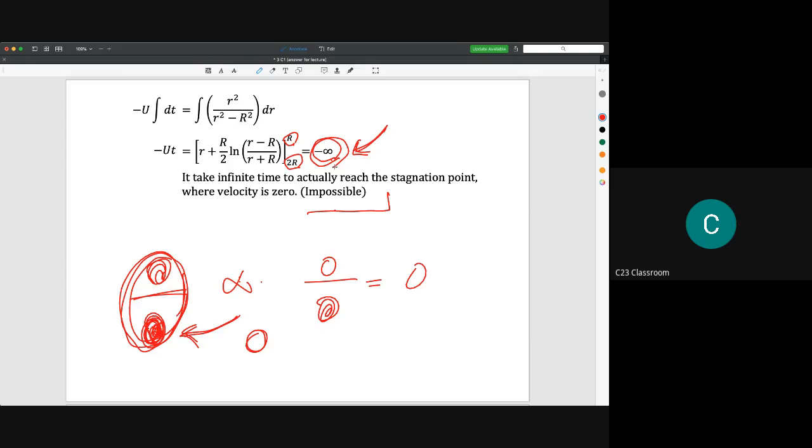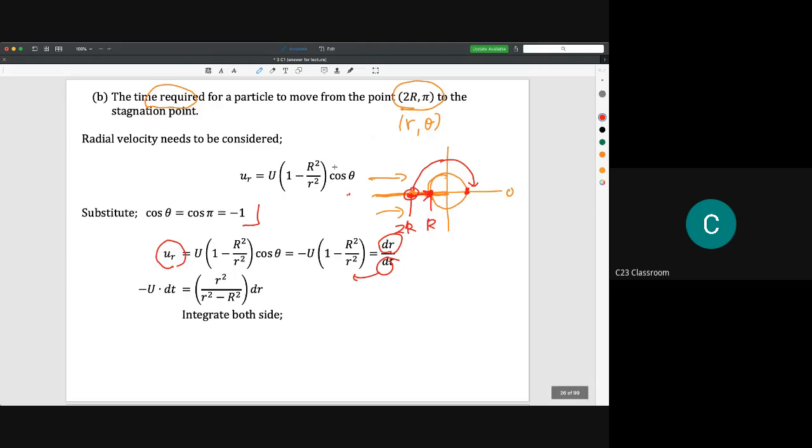There is no possibility of a molecule at the location of 2r reaching the r, because the basic idea is that every flow here will flow on its own path line, so it will not cross each other.